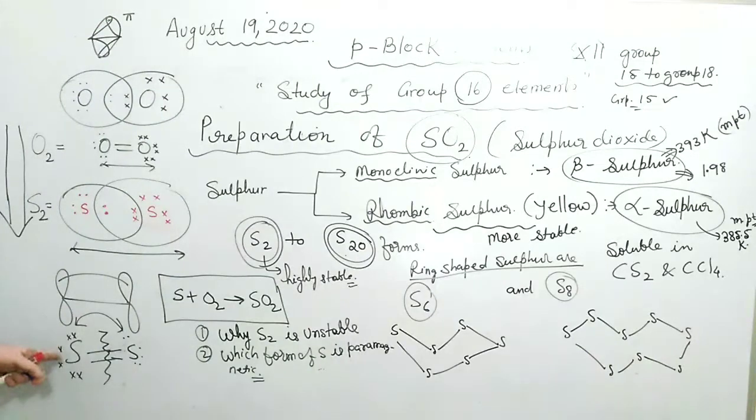But in case of S2, first the bond is weak due to long distance. Secondly, they do have interelectronic repulsion. So that is why the double bond between S and S is a little unstable. So it prefers to form catenated sulfur.